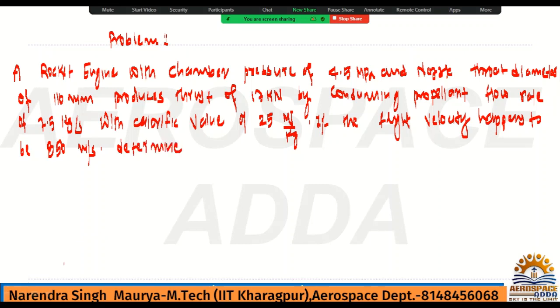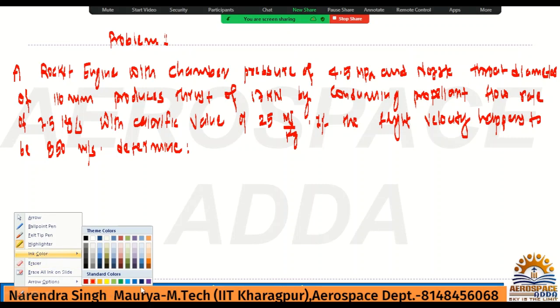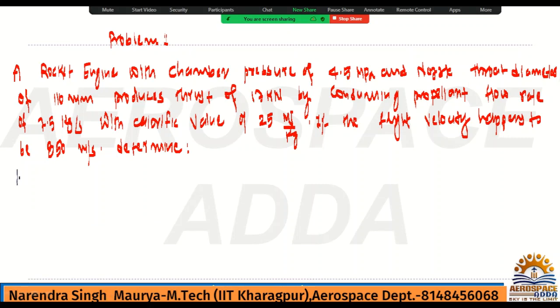Determine number 1, specific impulse. Number 2, effective exhaust velocity.